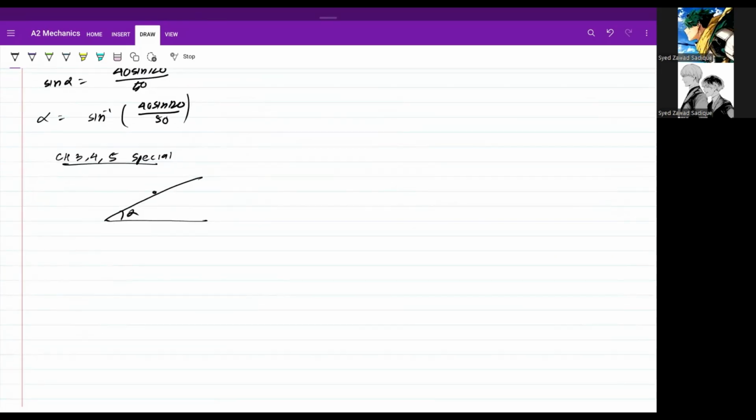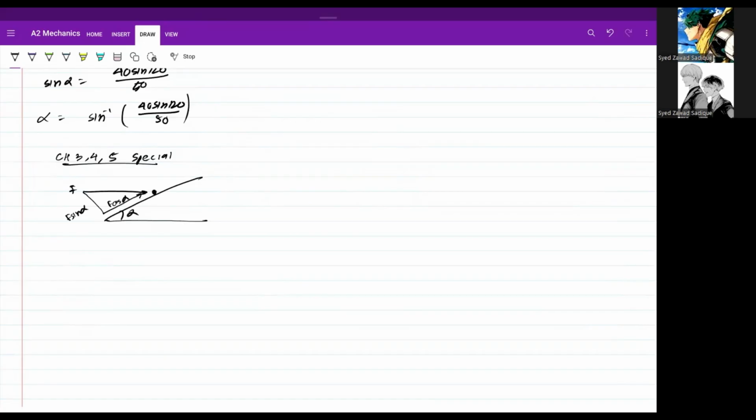Let's say this is an object and force is applied in this direction. You just have to know that you resolve it this way and this way. This becomes F sine alpha, this is F cos alpha, and then you can solve it.